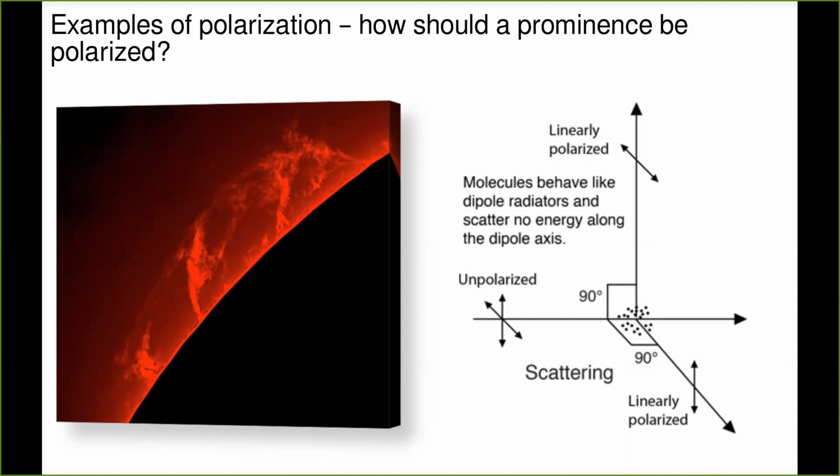But what you see here is that this point that emits is only a few arc seconds above the limb. So the light is coming from many directions, and the scattered light is going to have many different orientations. But still, since it's not coming from all directions, it doesn't exactly cancel, and there is one dominant direction.